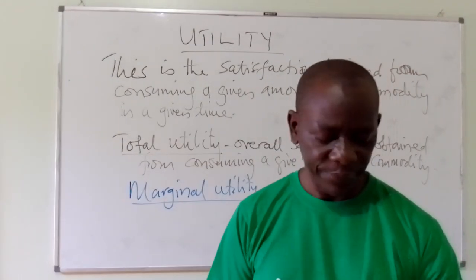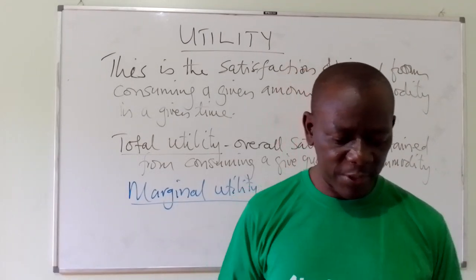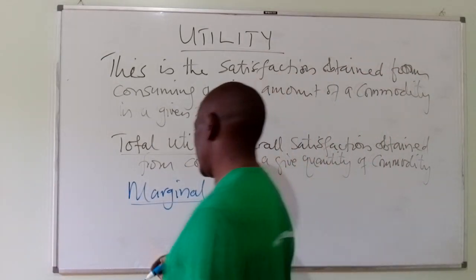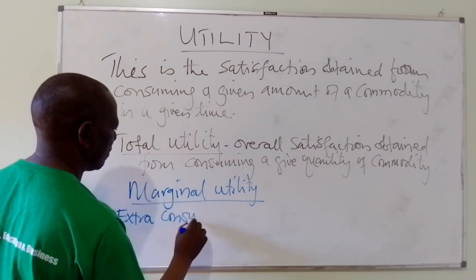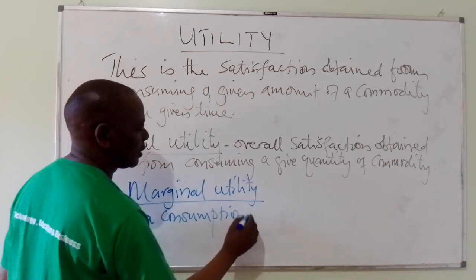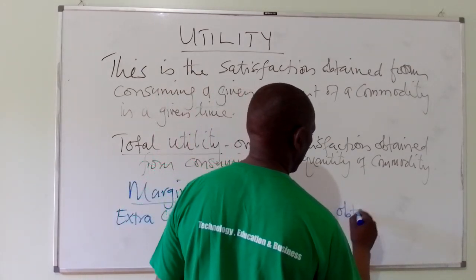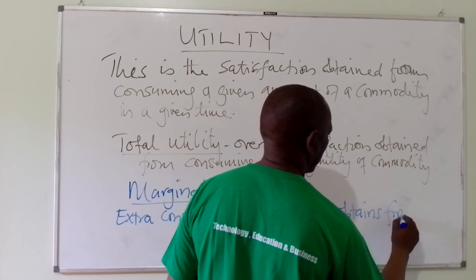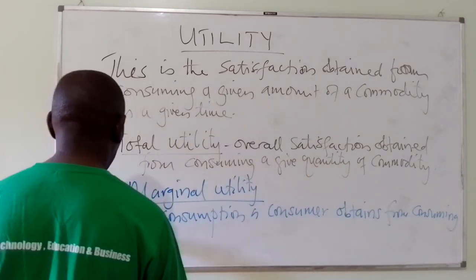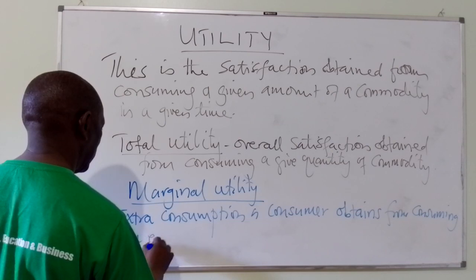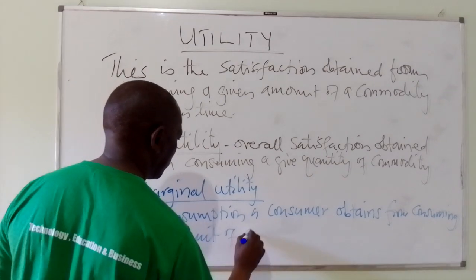What is marginal utility? Marginal utility of a commodity is taken to be the extra satisfaction a consumer obtains from consuming an extra unit of a commodity.